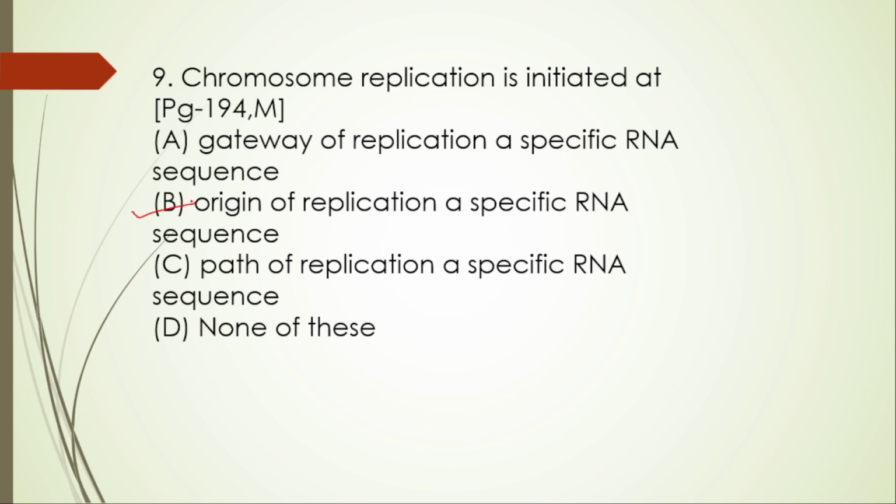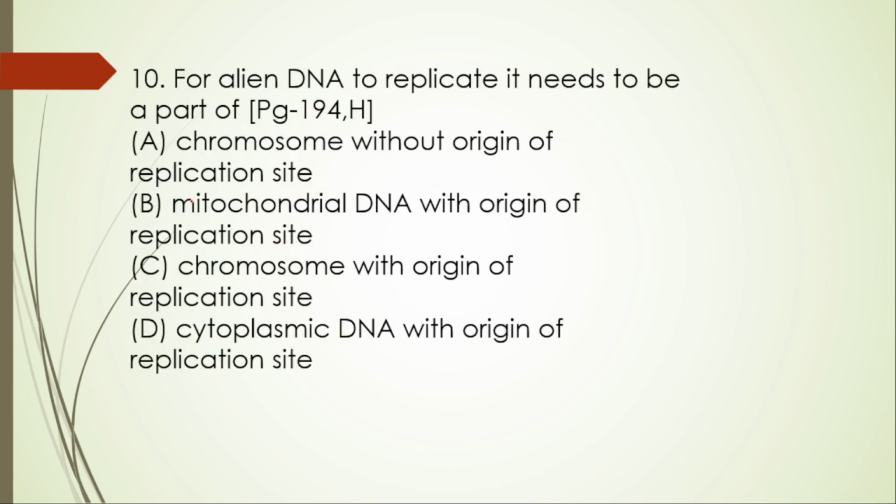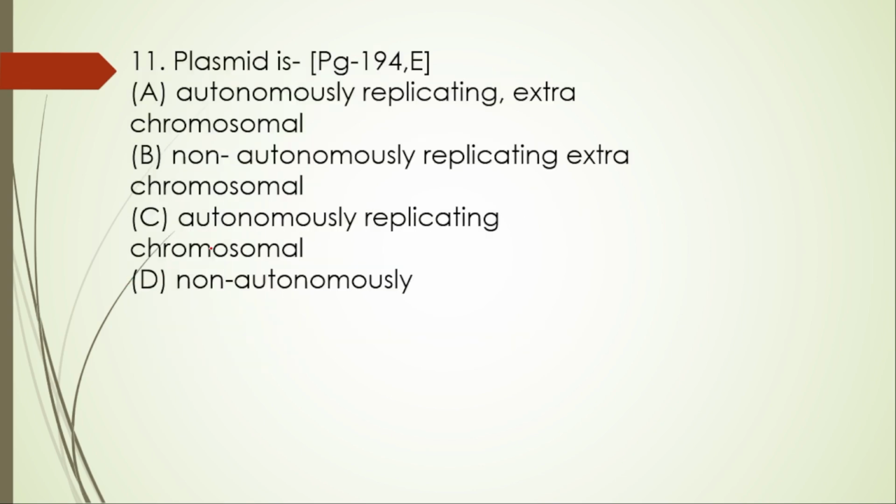Here the right option is option B. Next, 10th question. For alien DNA to replicate, it needs to be a part of A, chromosome without origin of replication, no. B, mitochondrial DNA with origin of replication site, no. C, chromosome with origin of replication site, yes, this one is correct. So the right option is C.